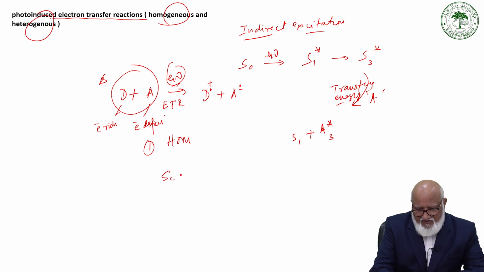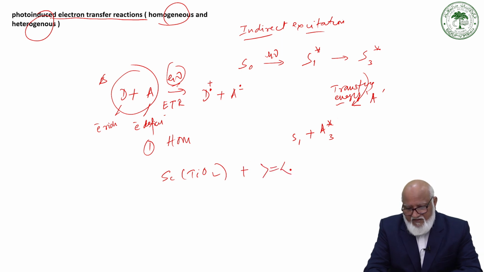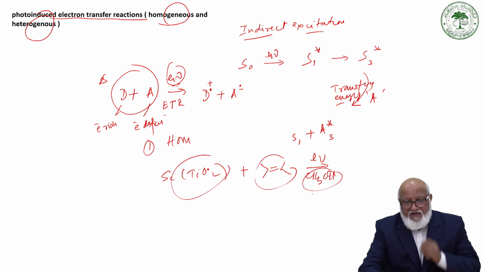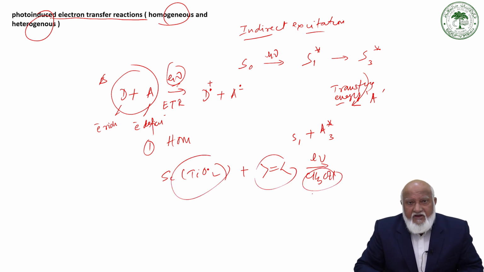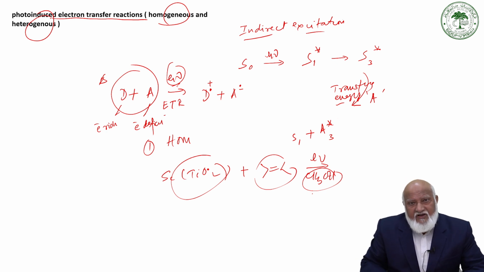If we have a semiconductor like titanium dioxide and we do the reaction with an alkene under light, in a protic solvent like water or methanol, the titanium dioxide is neither soluble in water nor in methanol. So it is a biphasic reaction, and the reaction takes place on the surface of the semiconductor.